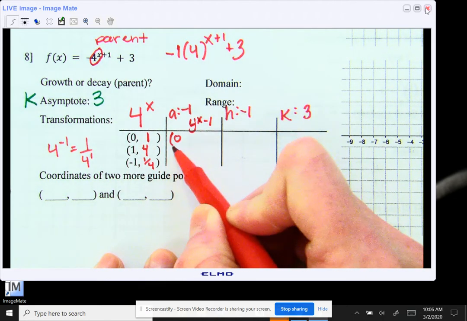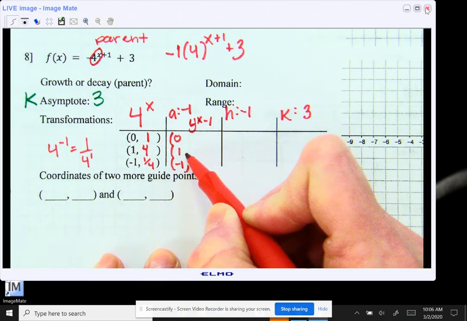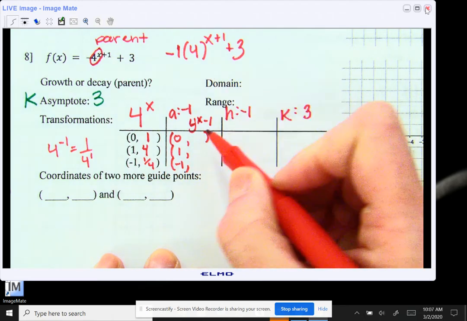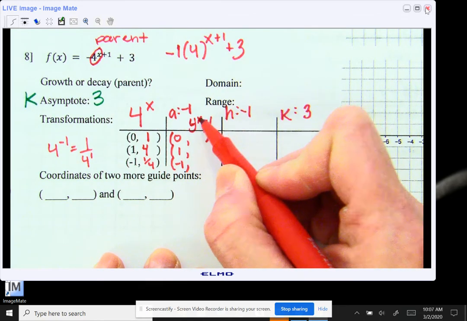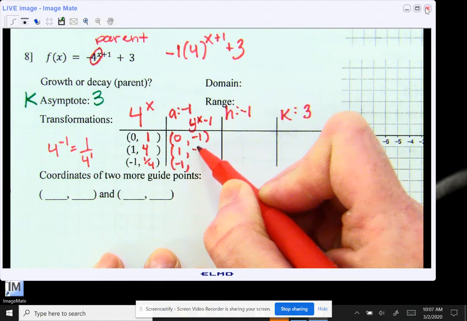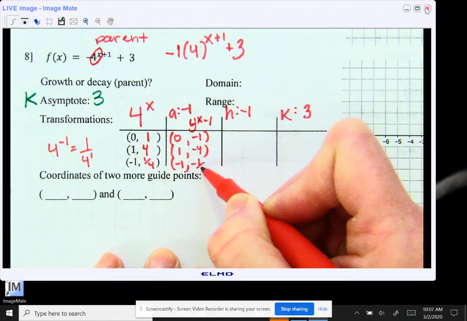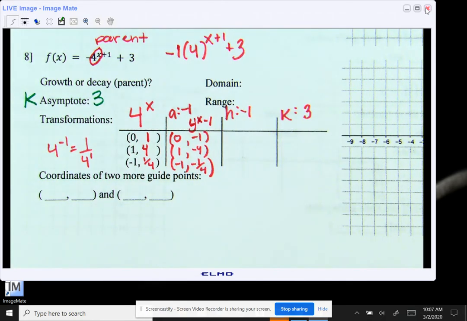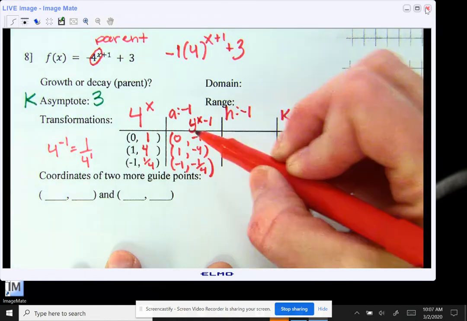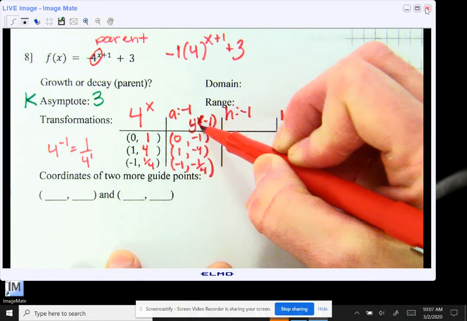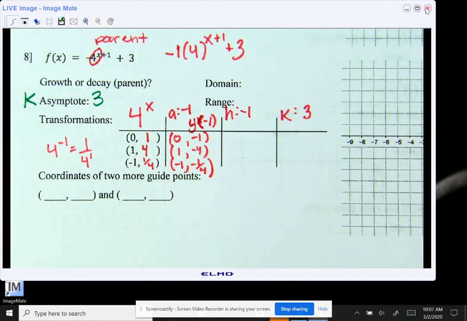So my x's are going to stay the same. My y's are going to be multiplied by -1. I'll do parentheses because that x is messing me up.